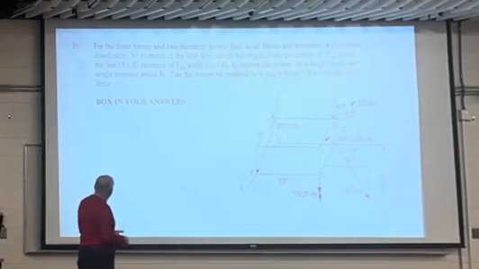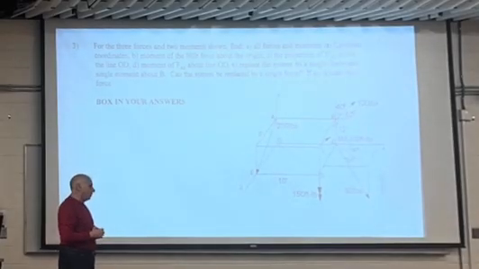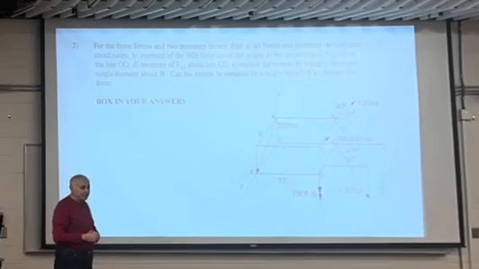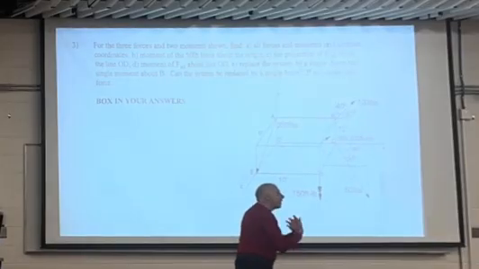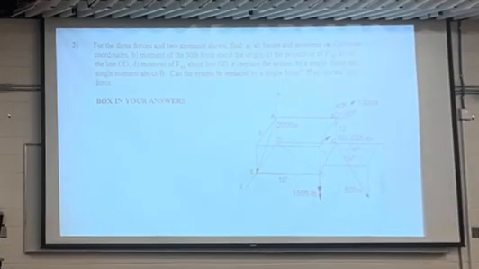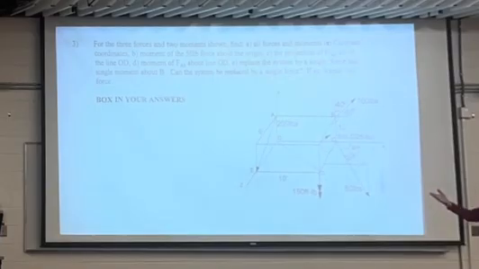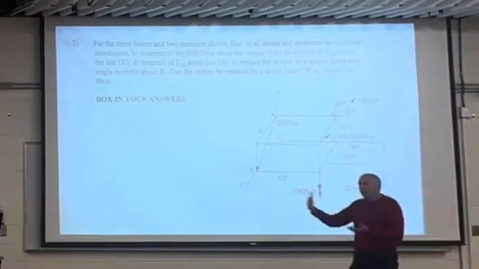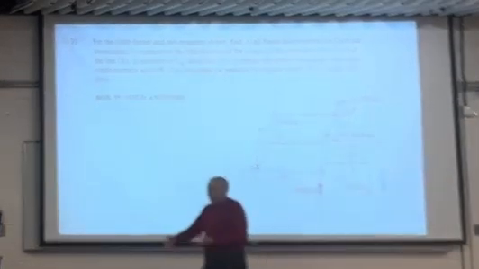What does it say? Oh, moment of FE about OD. What's the last thing? Replace the system. That question never changes. The components of that question are always the same. The 50-pound force might be something else. FAE might be FAD. Line OD might be line AD. But it ain't going to change.